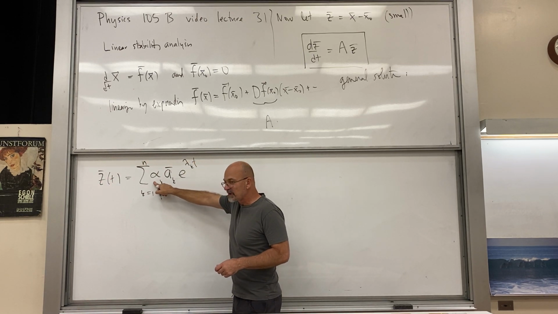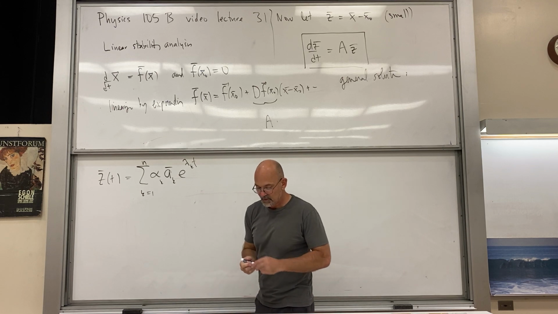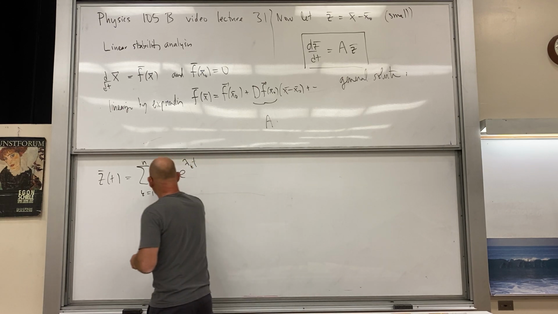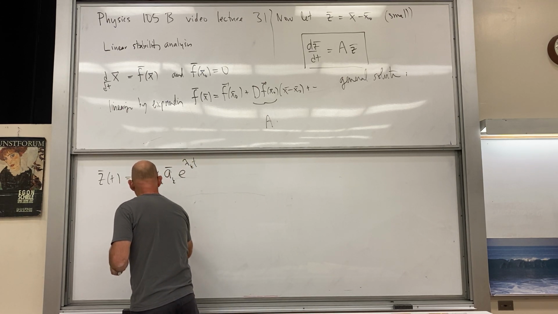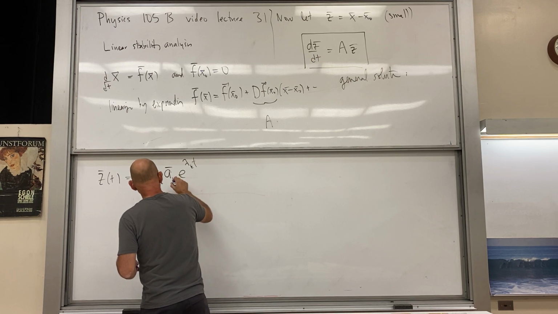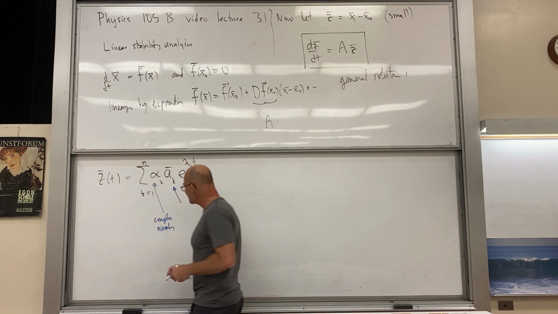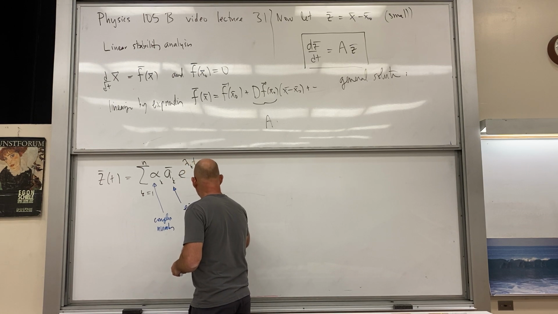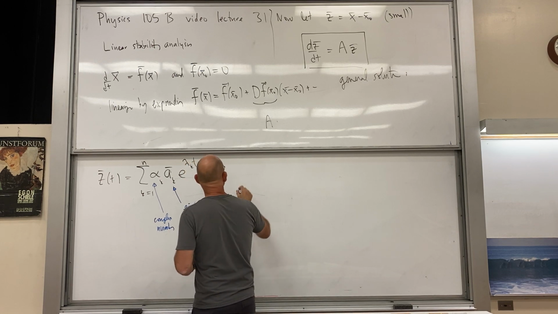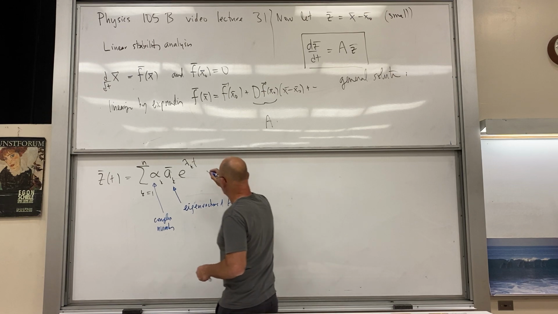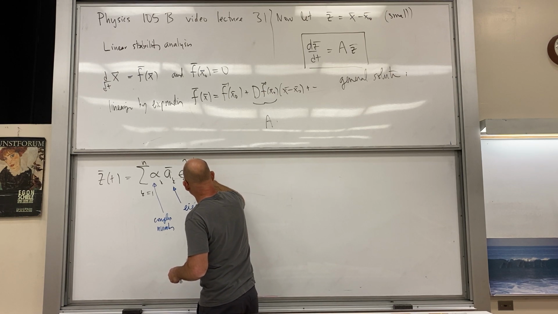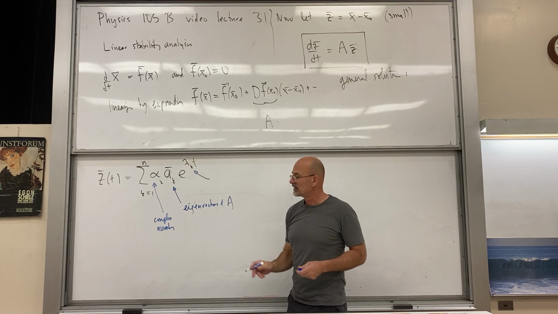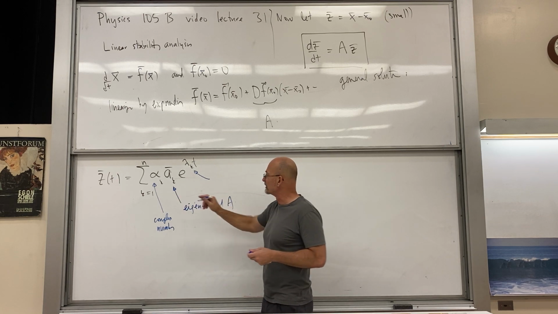So these are just complex coefficients, complex numbers. These here are the eigenvectors of the matrix A, which is defined right up there. And these lambdas are the eigenvalues to those eigenvectors.